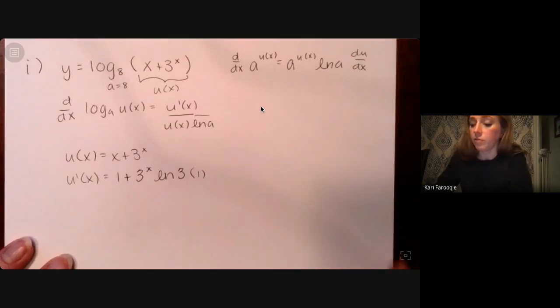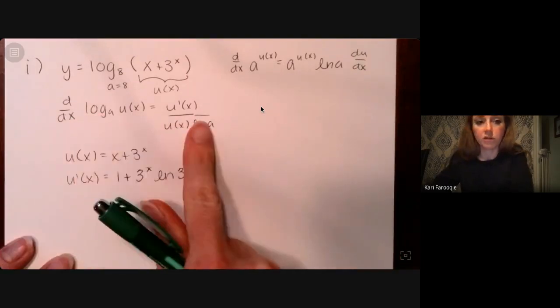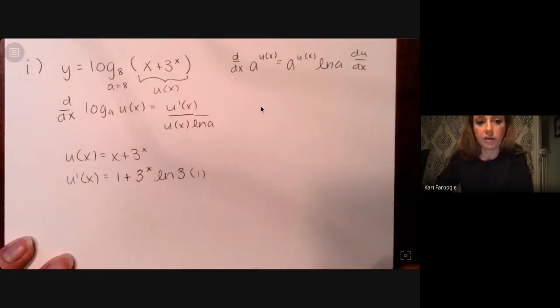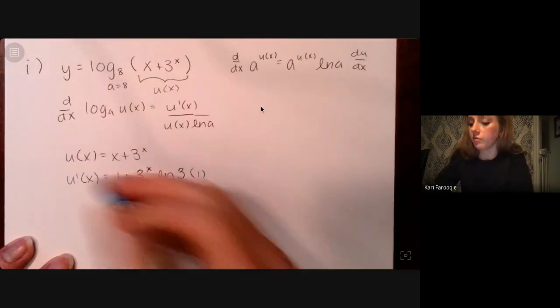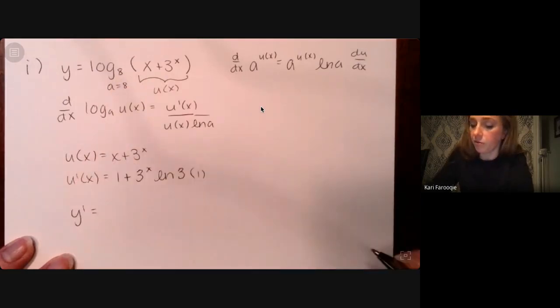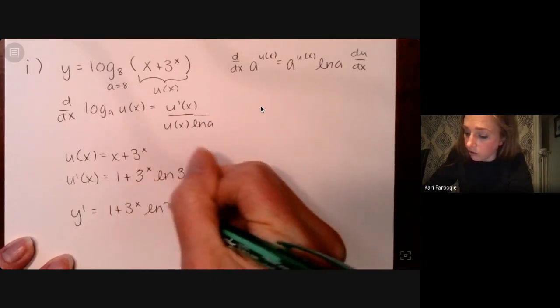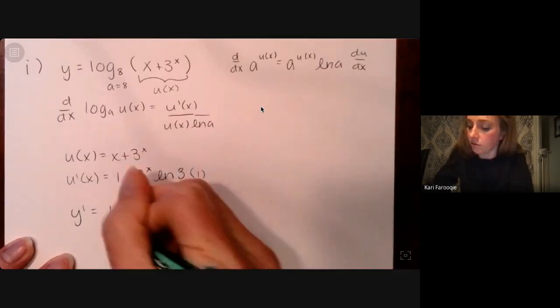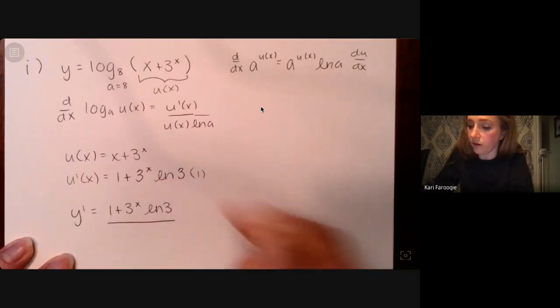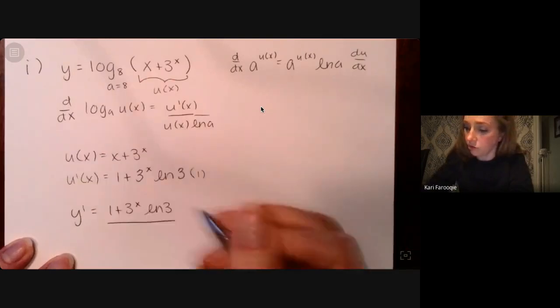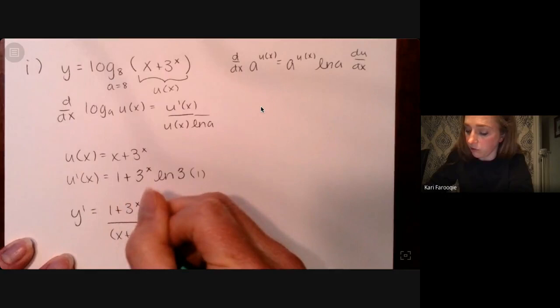Okay, so now we're going to use this formula to find the derivative of log base 8 of x plus 3 to the x. So y prime is going to be equal to, so we're taking u prime of x, which is 1 plus 3 to the x ln 3 divided by u of x, which is x plus 3 to the x.